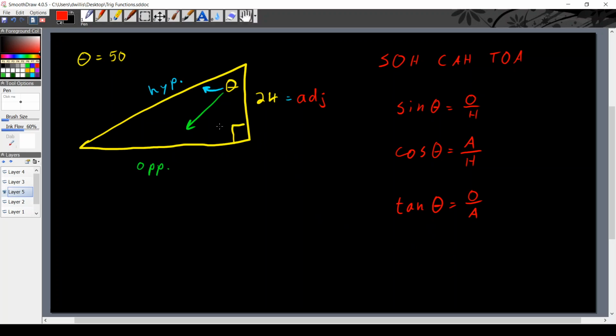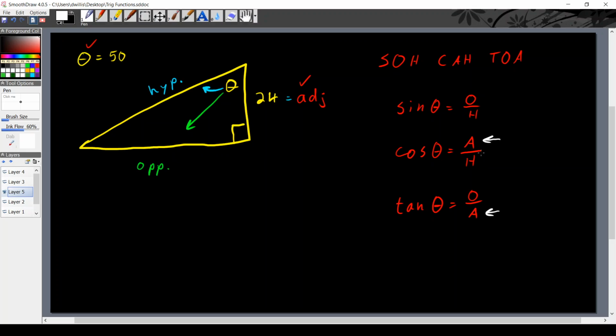All right, so right now for my givens, I have theta, and I have the adjacent side. All of these have theta, and I can see that my adjacent side is here and here.